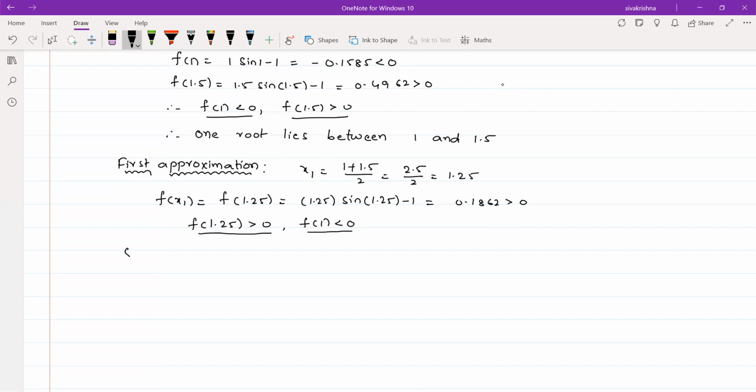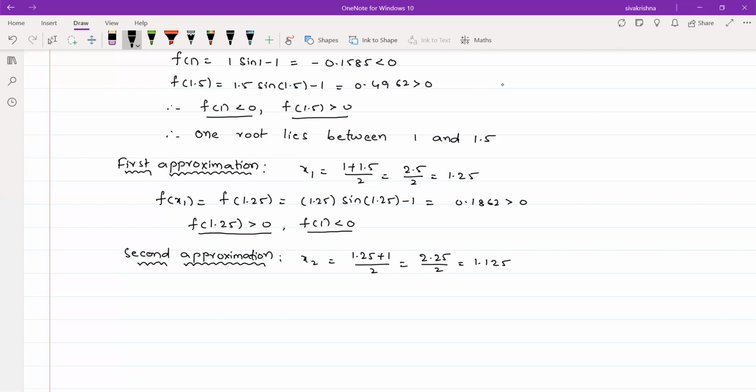So I am going to calculate the second approximation, that is x2, which is the average of the two numbers with opposite signs: 1.25 plus 1 by 2, which is 2.25 by 2, equal to 1.125.